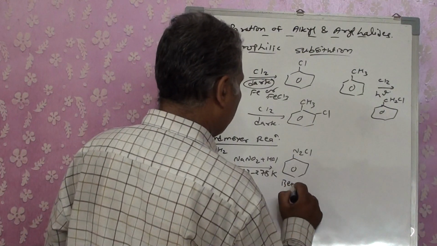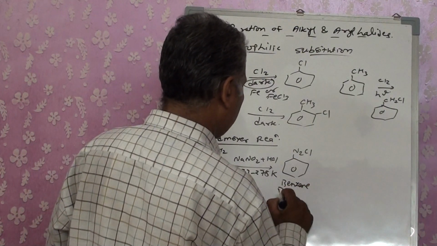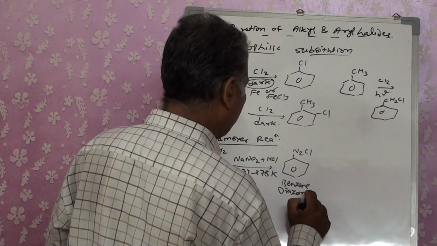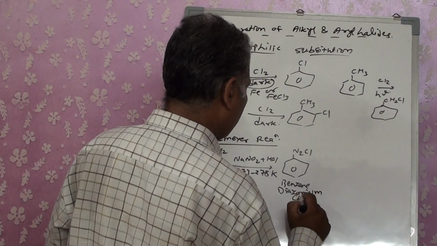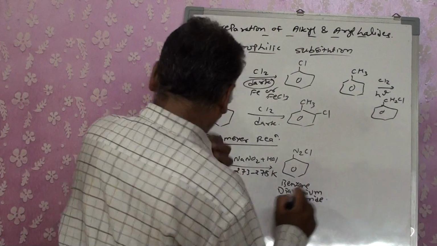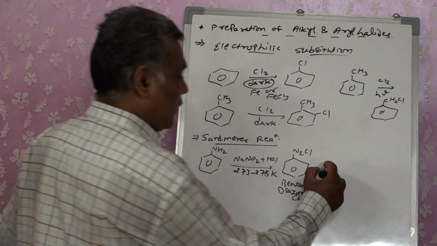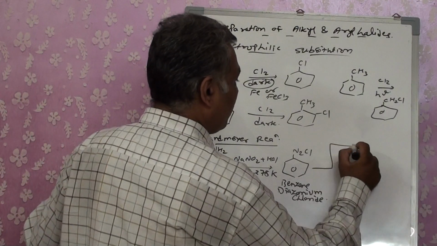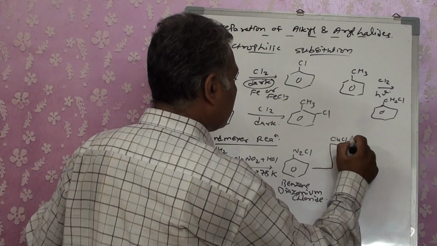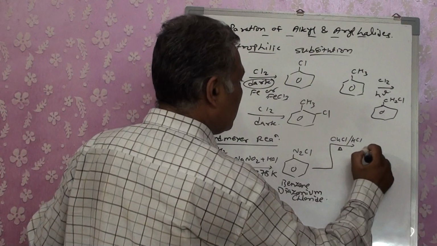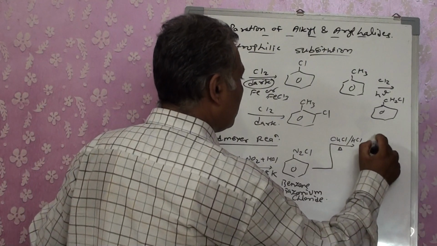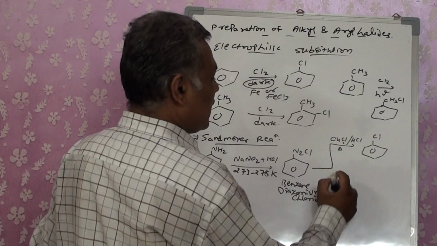N2Cl, benzene diazonium chloride. It got converted into a diazonium salt. If this compound is reacted with CuCl on heating, it gets converted into chlorobenzene because Cl was there.